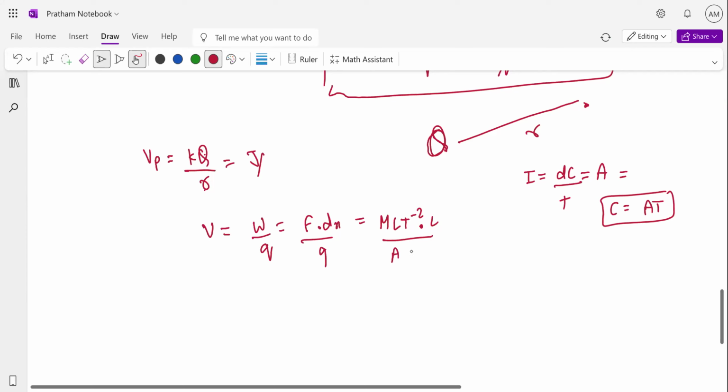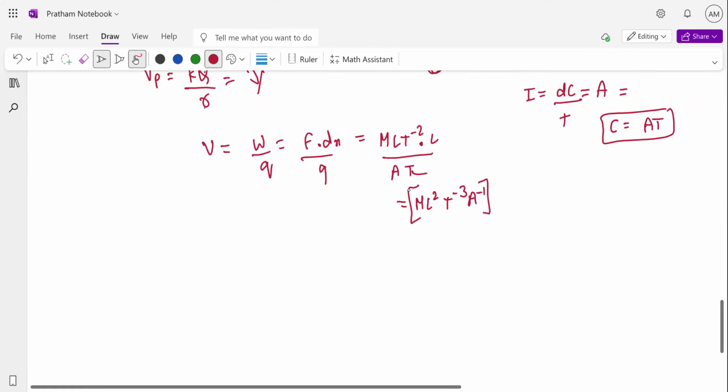So here also you can do ampere into time. What is the final thing you have got? M L squared. This T is in the denominator, so it goes upside and becomes T to the power minus 3. This is the dimensional unit of potential. And A should be minus 1.